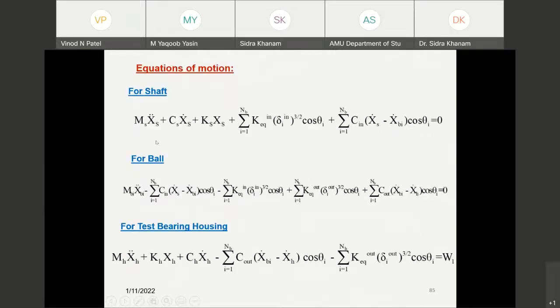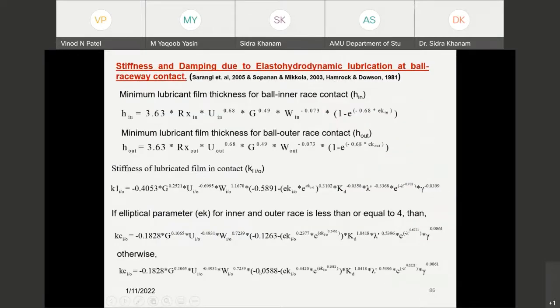So for the equations of motion, this is the additional part which has been added in this case. For balls, also some damping consideration is there here, and it was elasto-hydrodynamic damping. Those equations have been derived by Sarangi and others. Then the same equations were implemented.